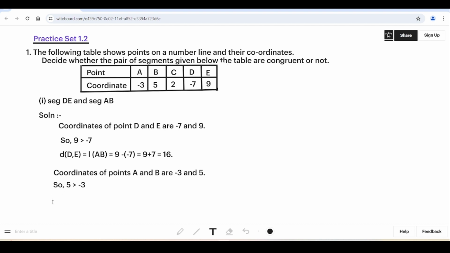Then we have to calculate the length. The distance between A and B, length of AB, is equal to 5 minus -3, that's equal to 8.